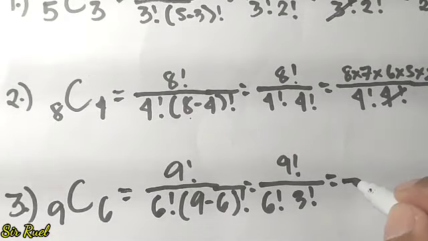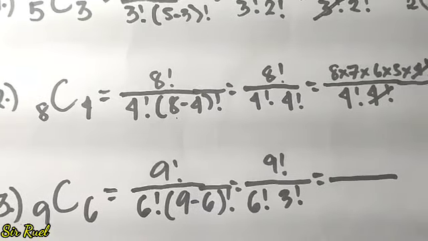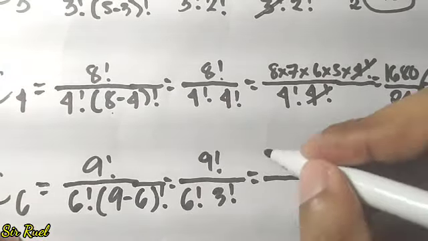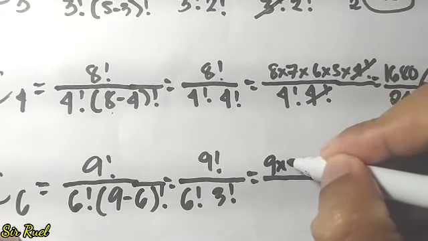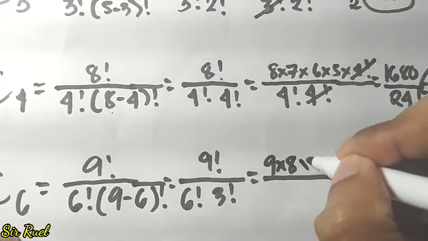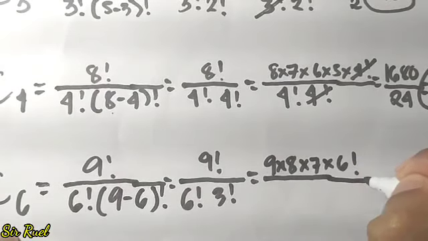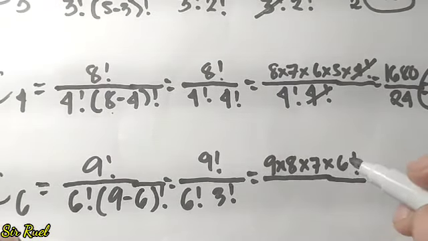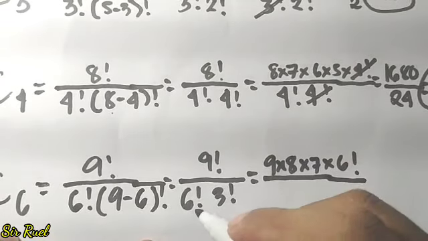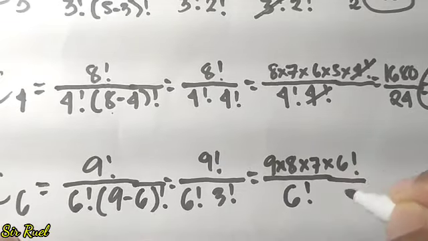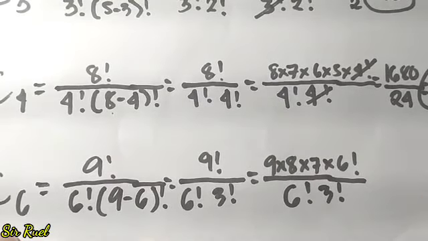Then we will expand the numerator. 9 factorial means 9 times 8 times 7 times 6 factorial. Again, we will stop at 6 so that it cancels the 6 factorial in the denominator, so they are the same.